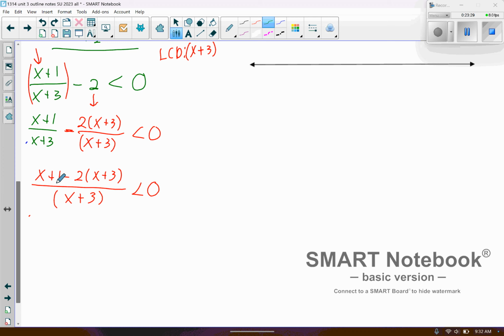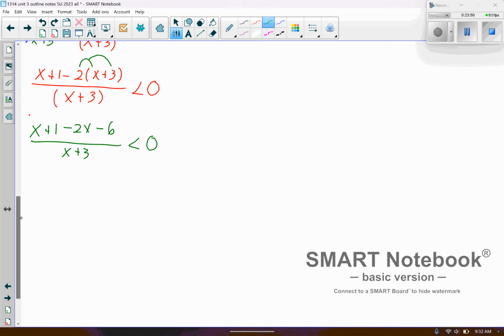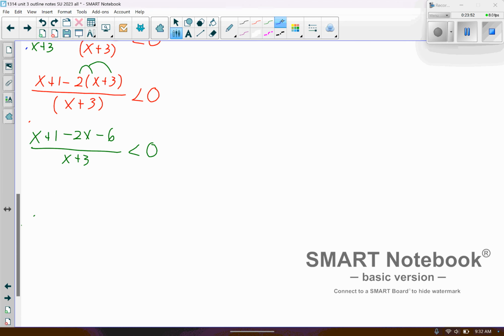The next step would be to distribute that minus 2. So we're going to have x plus 1 minus 2x minus 6. Be careful, you've got to distribute that minus 2 to both parts. All over x plus 3 is less than 0. Then next we just need to combine our like terms.